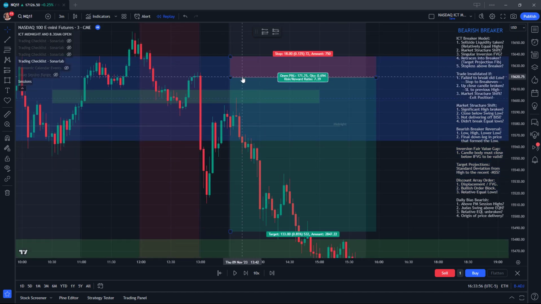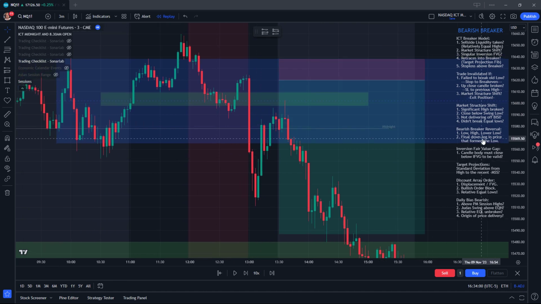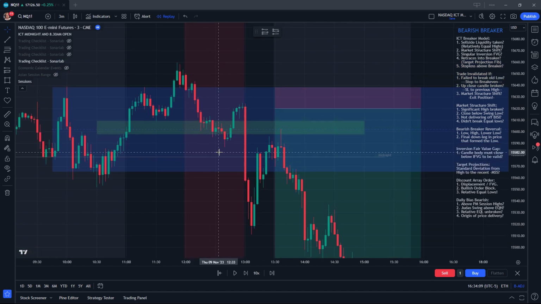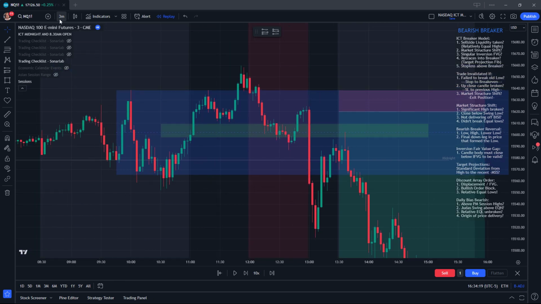I'm just trying to see, if we miss this, is there any other way to get in here using the same strategy? Low, high, lower low. Missed that. Low, high, lower low. Nah, I don't think so. I mean, I guess you could.